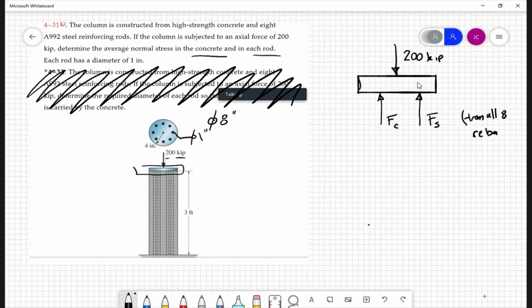You could consider FS as from 1/8 rebar and multiply by 8, and you get the same answer. But we'll consider FS to be the force in the steel from all 8 bars added together. So here we can do the sum of forces in the y direction, and we get FC plus FS equals 200 kips.